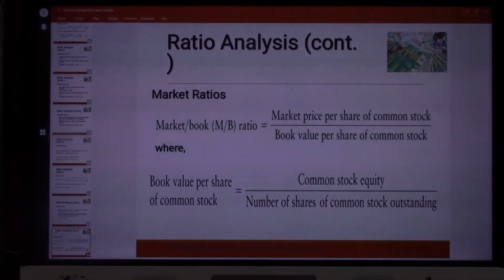How could we determine the book value per share of common stock? It is determined by common stock equity divided by the number of shares of common stock outstanding. This will give you the book value. Then we substitute in the previous equation to determine the market to book ratio.